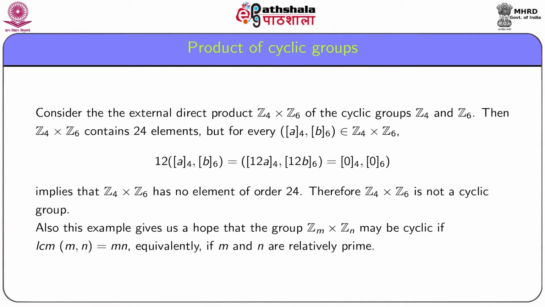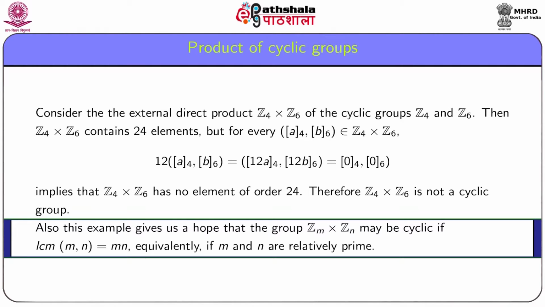Since 12 is divisible by 4, 12a in Z4 becomes the 0 element, and similarly 12b becomes the 0 element of Z6. Thus, we see that 12 times (a, b) is the identity element of the group Z4 cross Z6. So, every element of this group is of order less than or equal to 12.